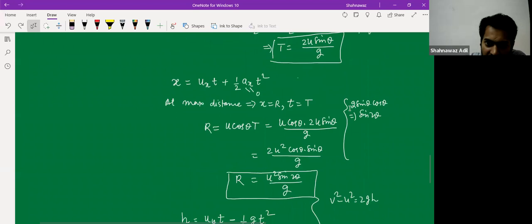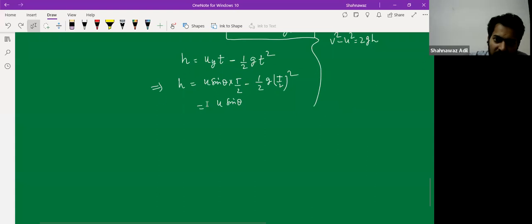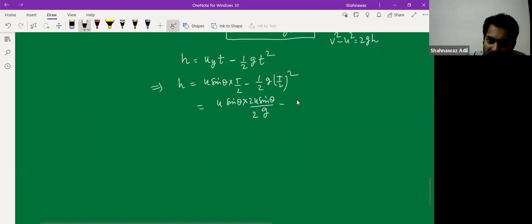Okay. So t is what? 2u sine theta by g. Okay. Minus half g into 2u sine theta by g, whole square.